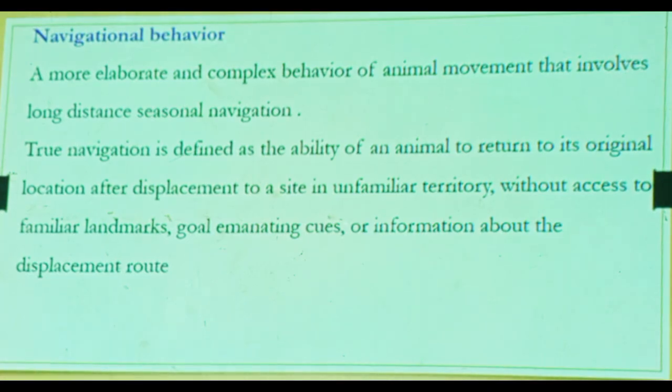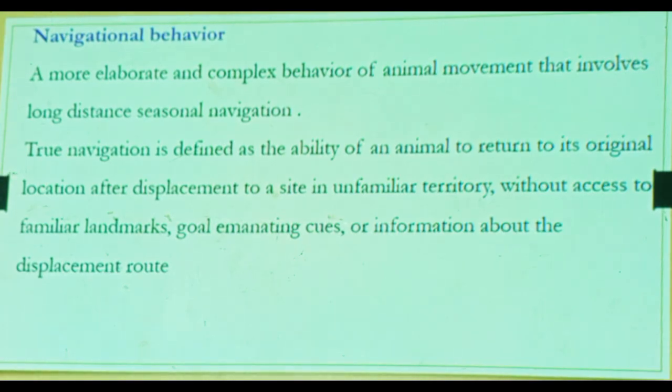Even these navigation behaviors are subdivided into many different types. One is true navigation. In true navigation, advanced birds and animals, if they are taken away from their environment because of bad weather, when the environment becomes convenient, can navigate back.